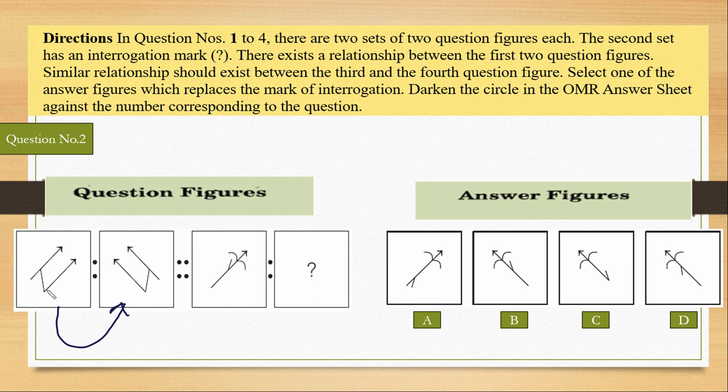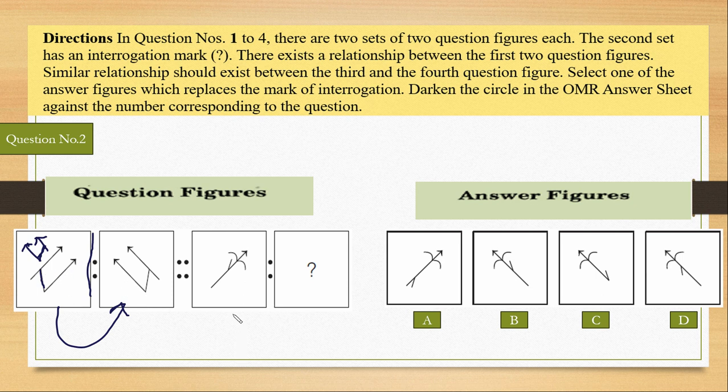So this diagonal, if it is there, then if you place a mirror at this place, it will appear in the opposite diagonal like this. In the opposite diagonal, the arrow should be there, so it should be like this. And again this diagonal, it will be on the opposite side. The second figure is the mirror image of the first one.